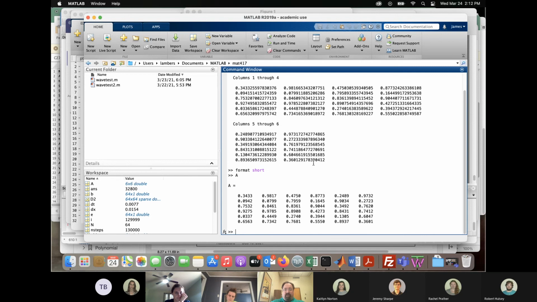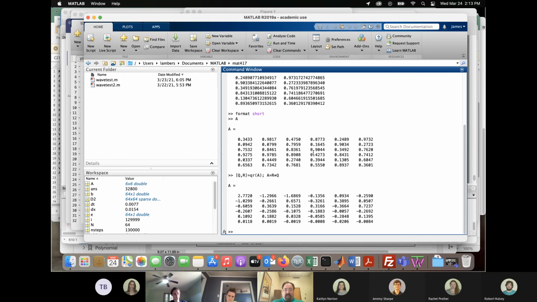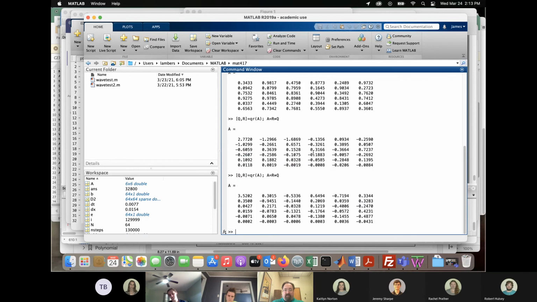What I'm going to do is take the QR factorization of A, and then overwrite A with the QR factors multiplied in reverse order, and then see what that matrix is. Let's see what happens to the matrix if I do it repeatedly.